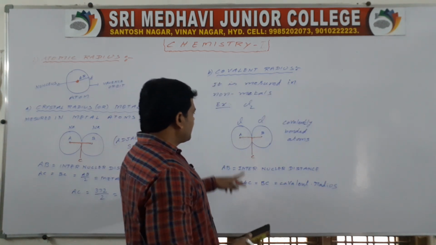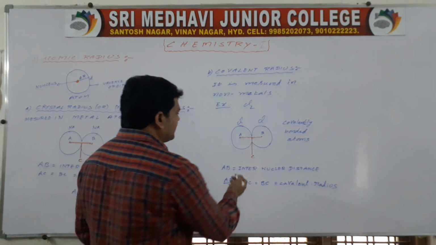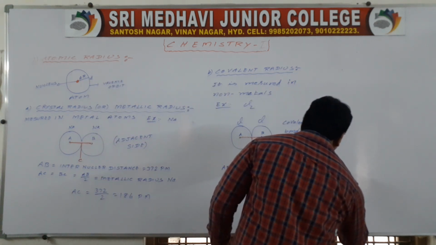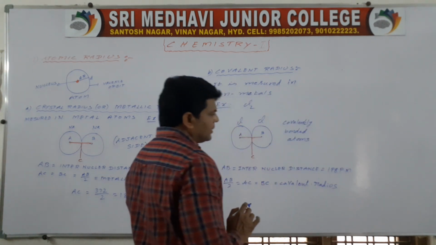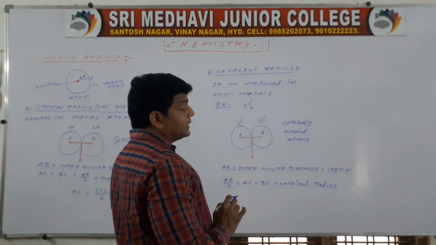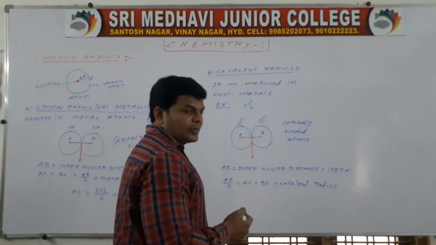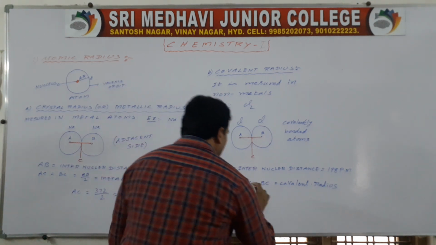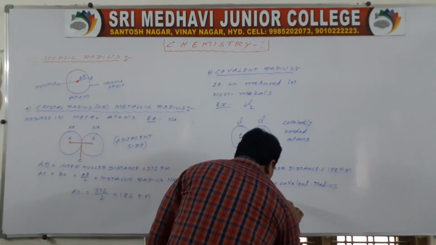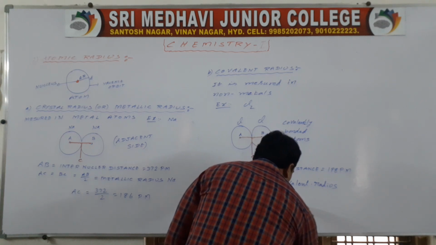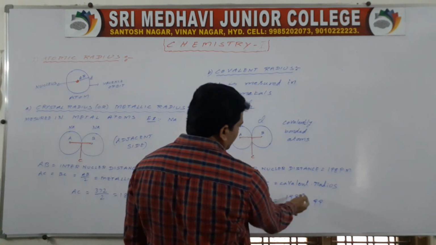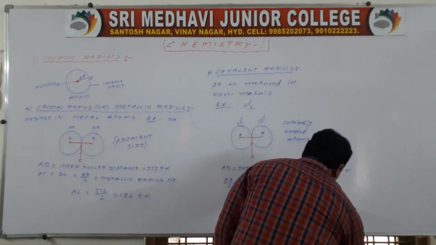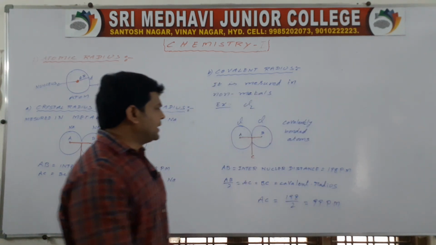Here the internuclear distance is 198 picometers. Then AC equals 198 by 2, which is 99 picometers.